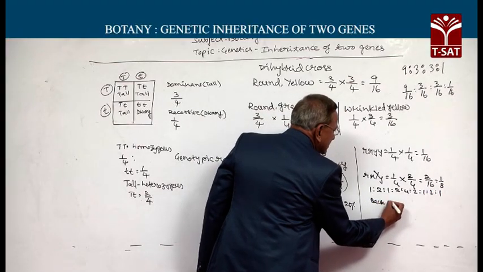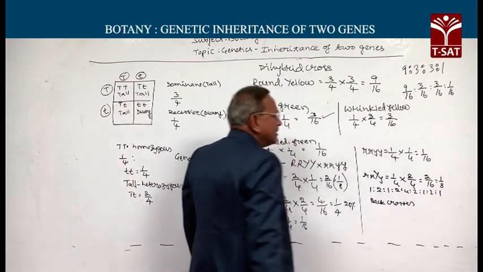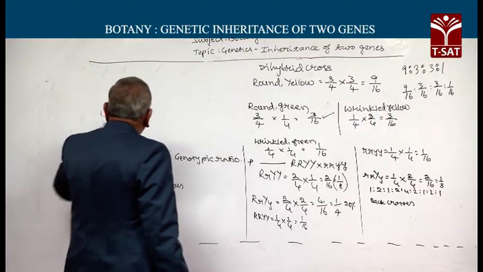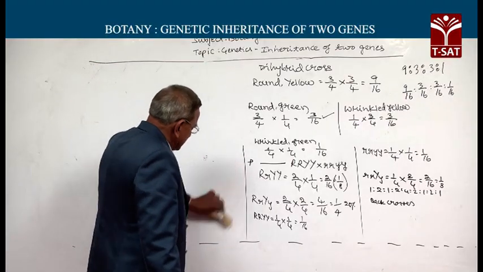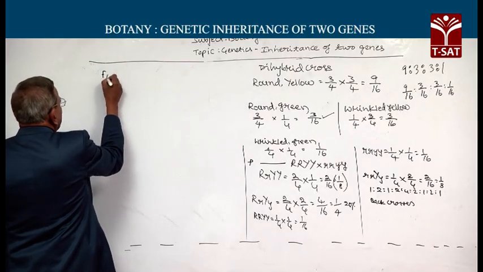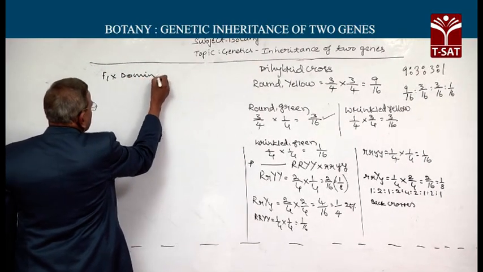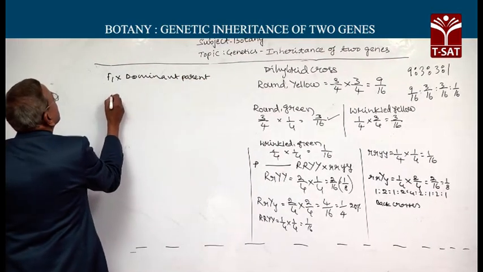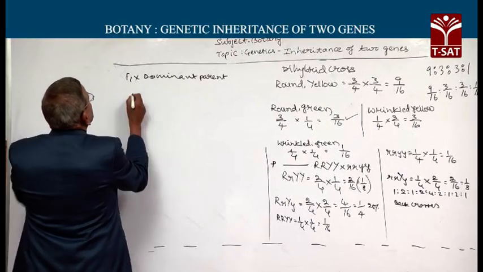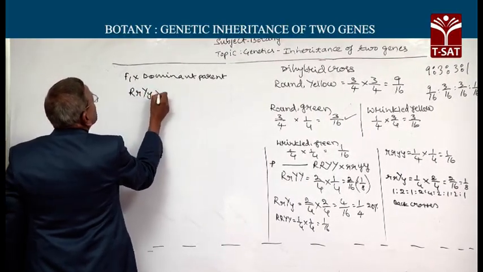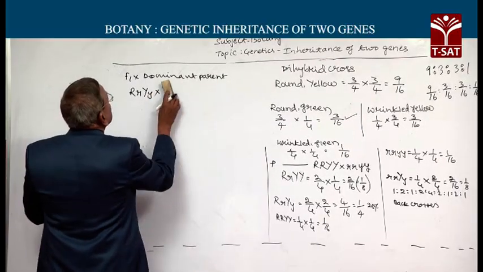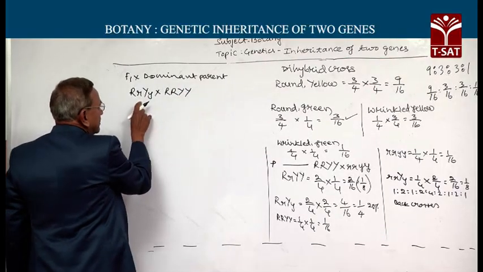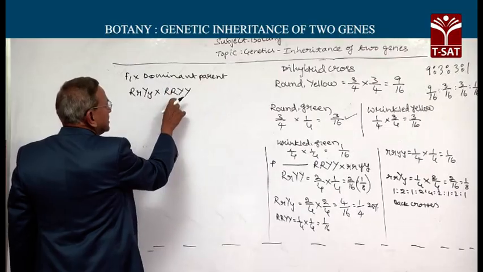Back crosses in dihybrid cross. About back crosses in dihybrid cross, this is F1 into dominant parent, that is capital R small r, capital Y small y, into capital R capital R, capital Y capital Y. This is heterozygous for 2 characters, this is homozygous for both characters.